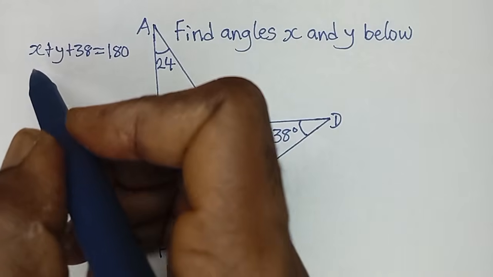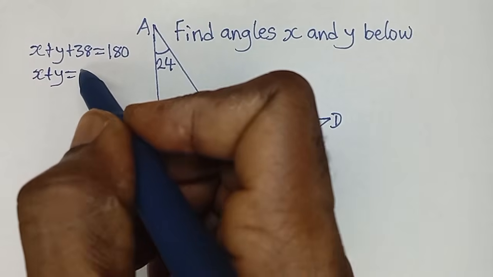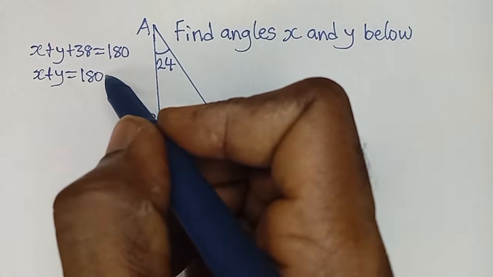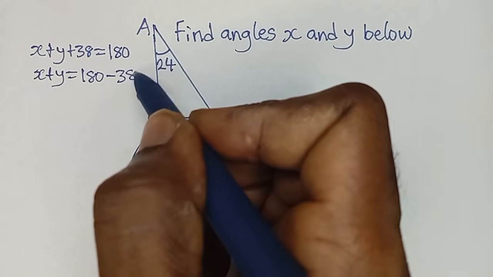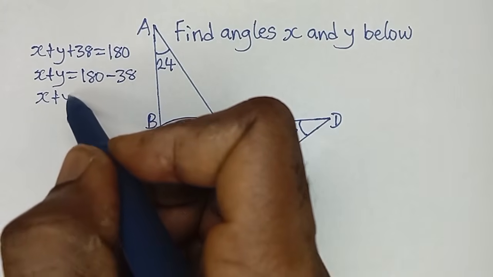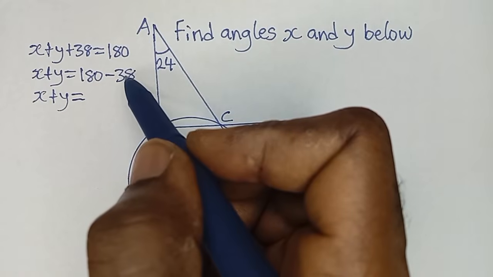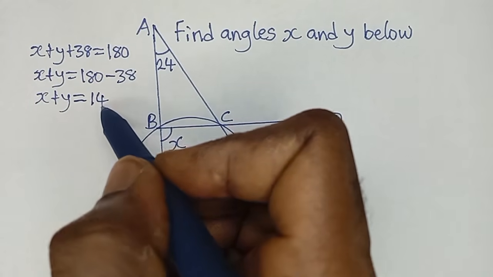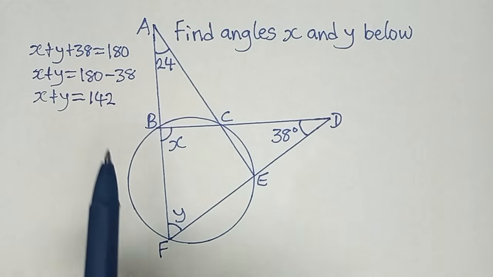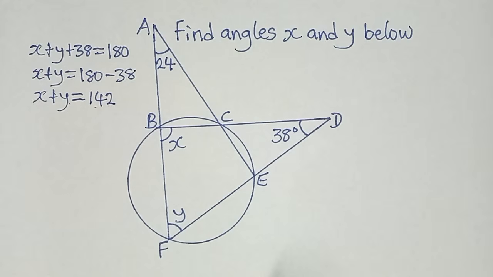So from there, X plus Y is equal to 180. When this plus 38 comes to this side, it becomes minus 38. So X plus Y will be equal to 180 minus 38, which gives 142 degrees. So we now know the value of X plus Y as 142 degrees.